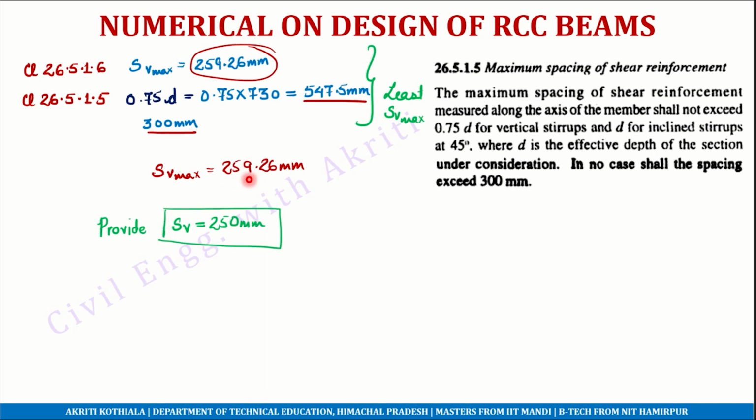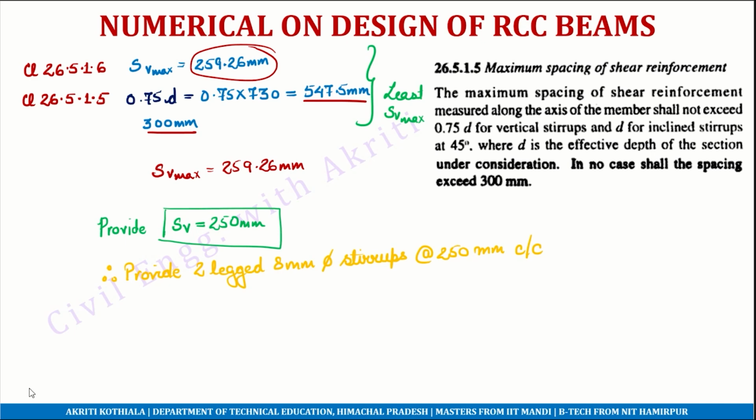I cannot go beyond this value, so I will go to the nearest lower multiple of 10, which is equal to 250 mm. So we will be providing a spacing of 250 mm. Therefore, provide two-legged 8 mm diameter stirrups at the rate of 250 mm center to center.